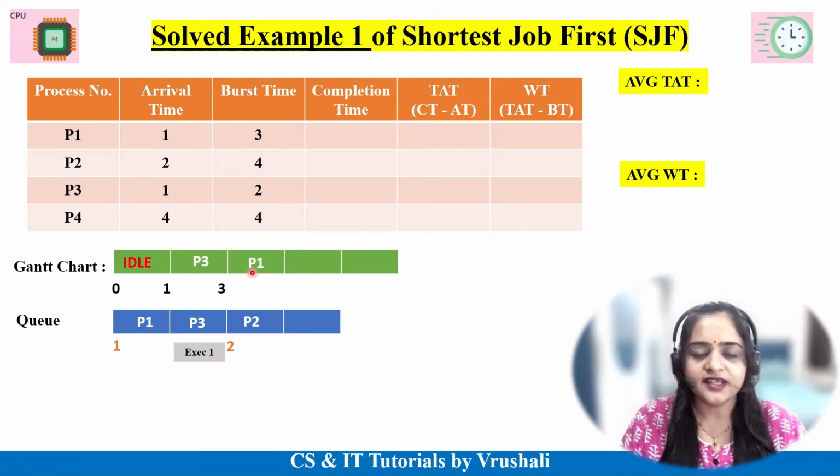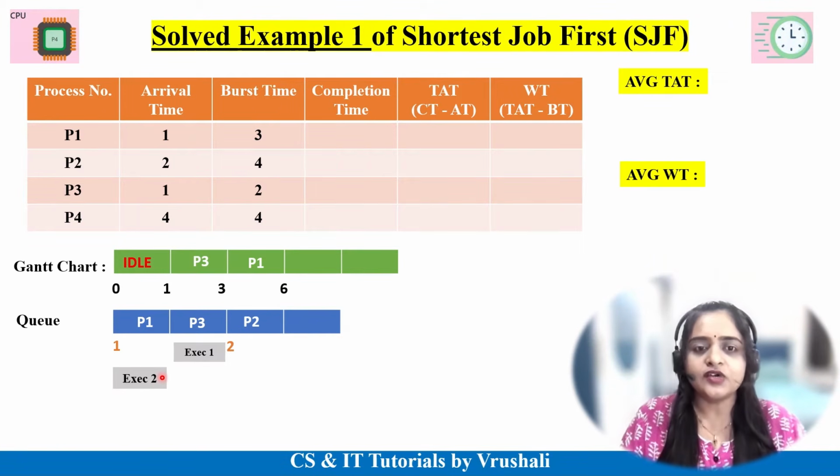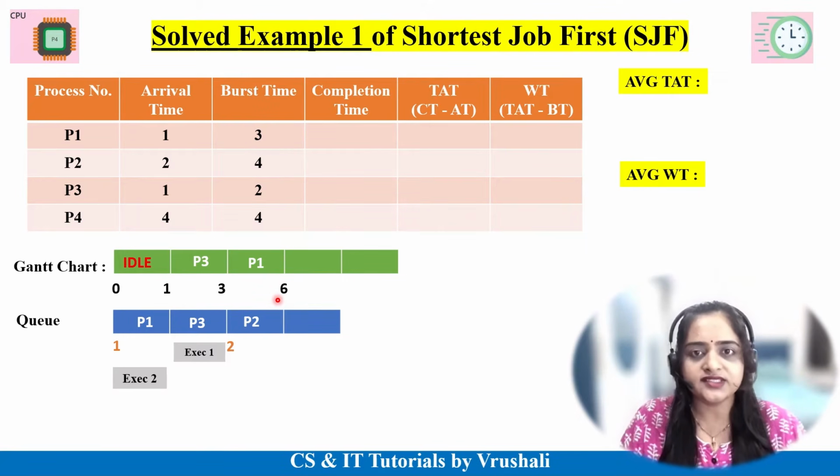See here, right? What is its burst time? 3. So 3 plus 3 is equal to 6. Clear? So from the queue, your process 1 has executed. Clear? Now again check. At 6 o'clock, or in between 3 to 6, which process has come?